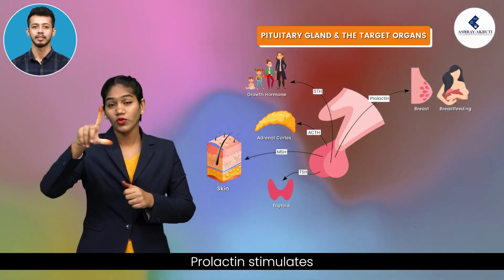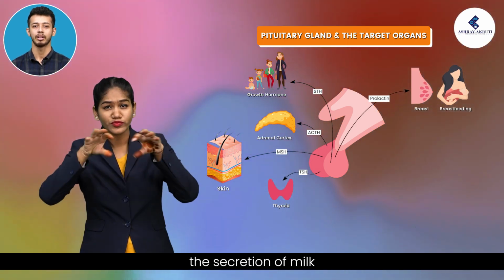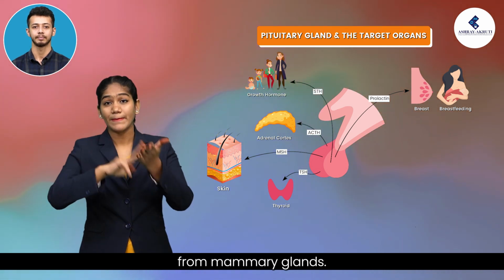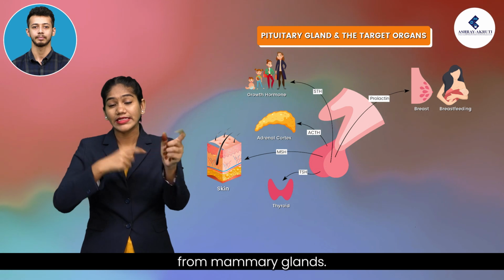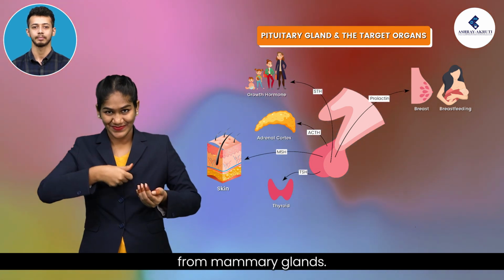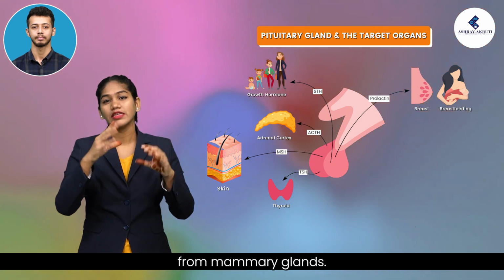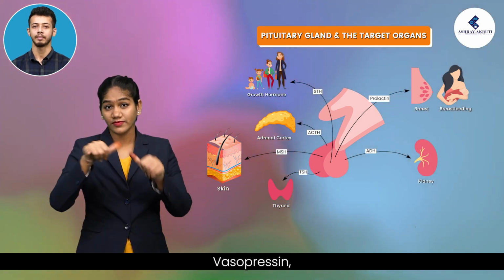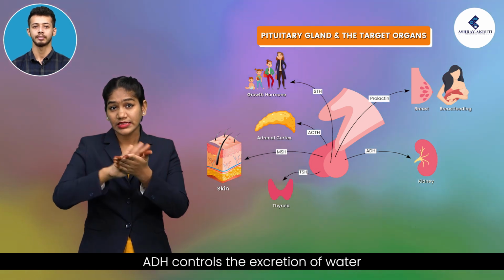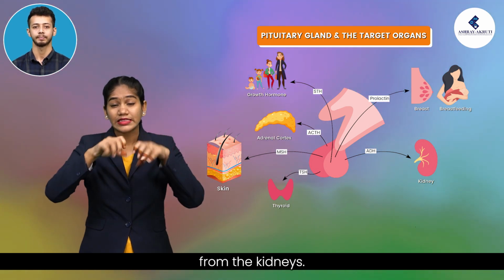Prolactin stimulates the secretion of milk from mammary glands. Vasopressin, ADH, controls the excretion of water from the kidneys.